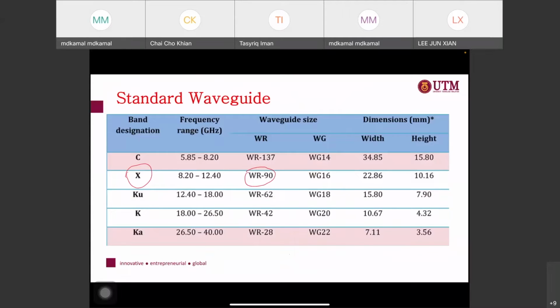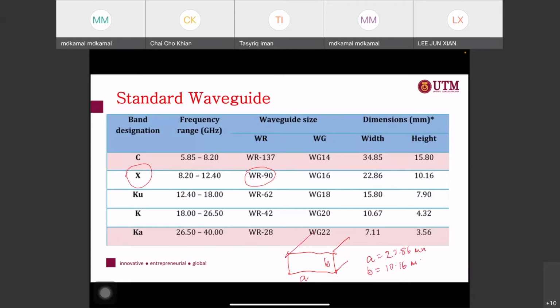So we know that the aperture of this waveguide has dimensions A and B. A is 22.86 millimeter and B is equal to 10.16.